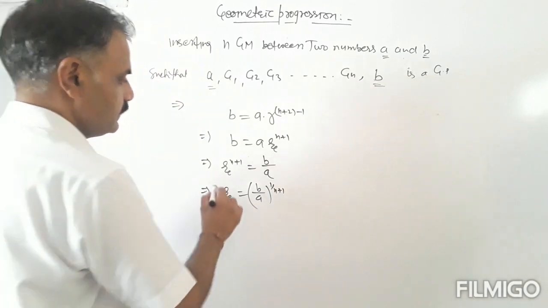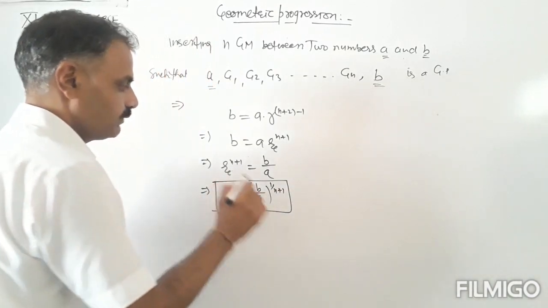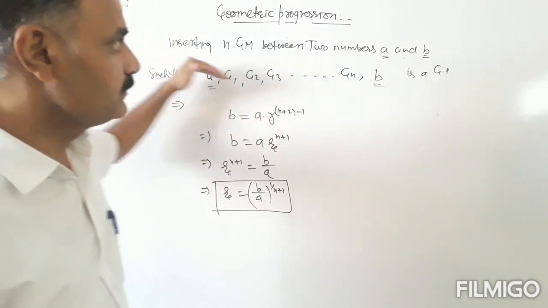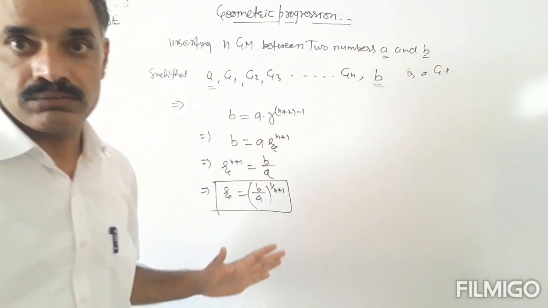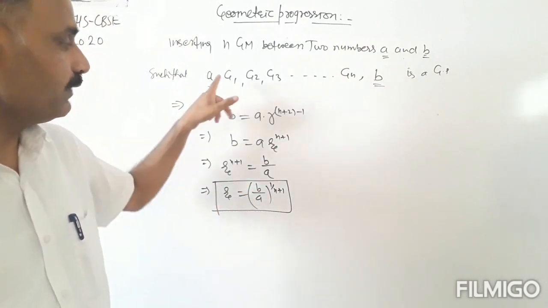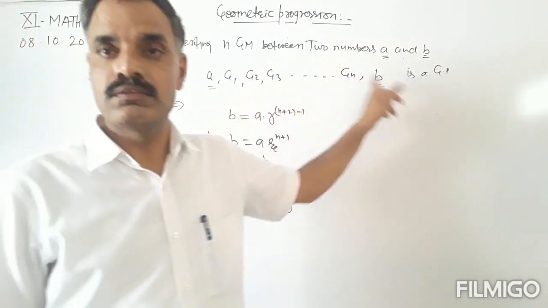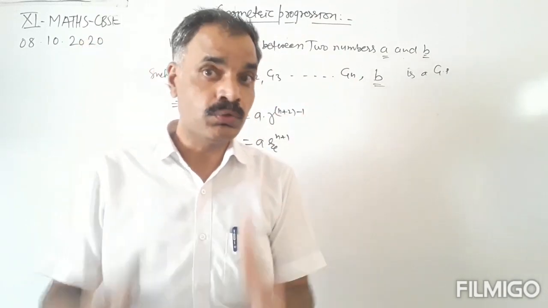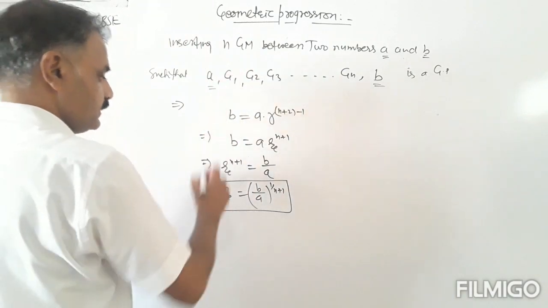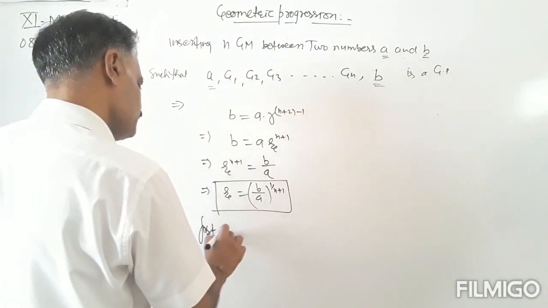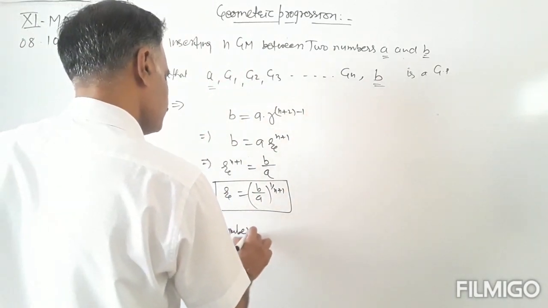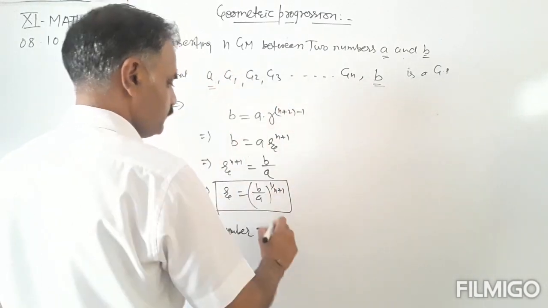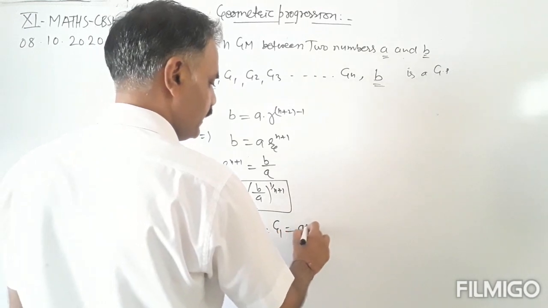Okay, so this is the common ratio between these n plus 2 numbers. Now we can find G1, G2, G3, up to Gn, the numbers that we want to insert between the two numbers. G1 equals a into r.